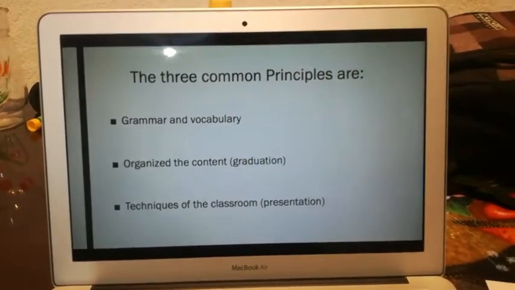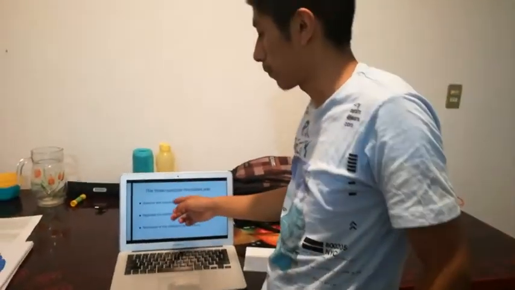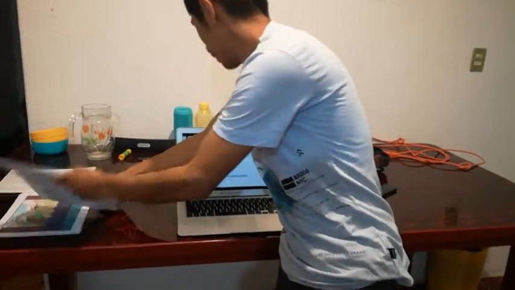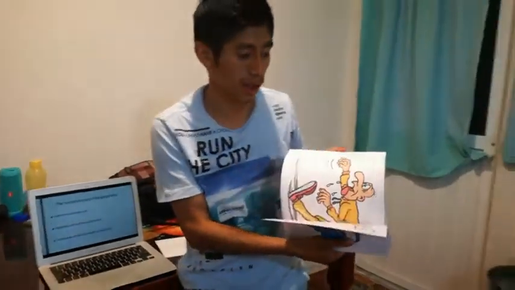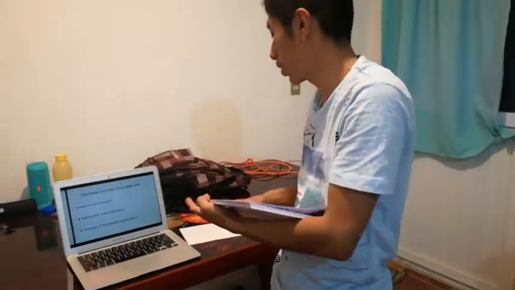In the first principle, as it says, grammar and vocabulary. For vocabulary you can use some flashcards with the vocabulary that you're going to check in class. And what happens with the grammar?